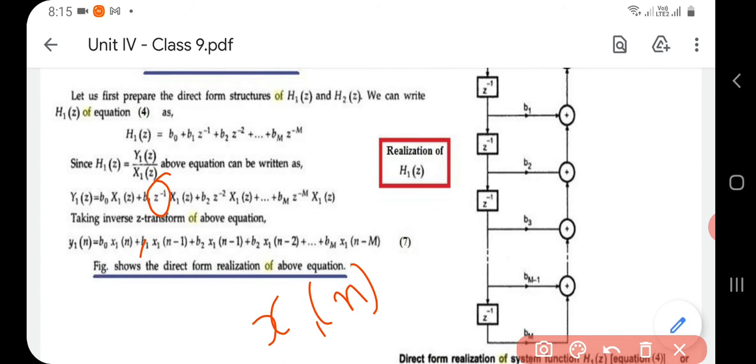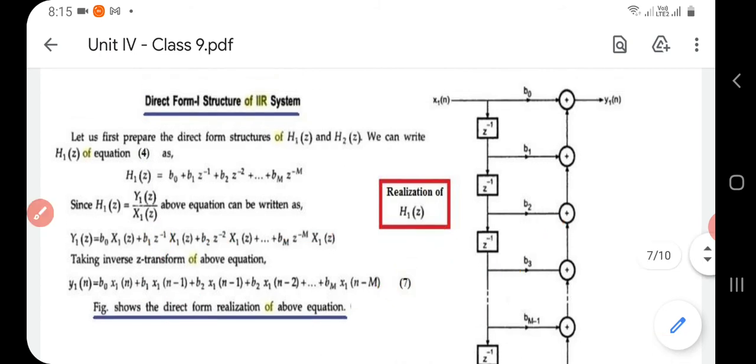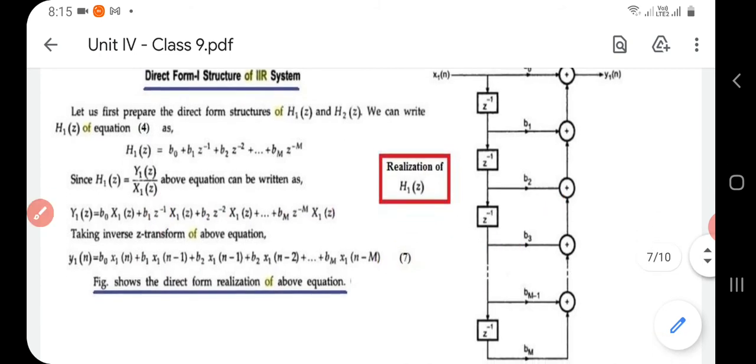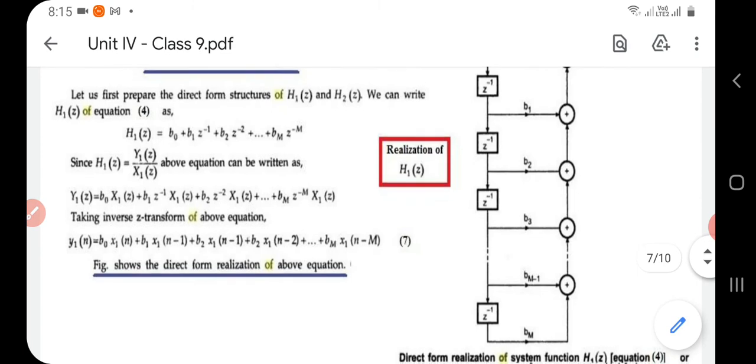So what will be the answer? x1(n minus 1). Similarly, apply the inverse Z transform to each of these terms, so you will get equation 7. The figure shown here is the realization of the numerator part H1(z).